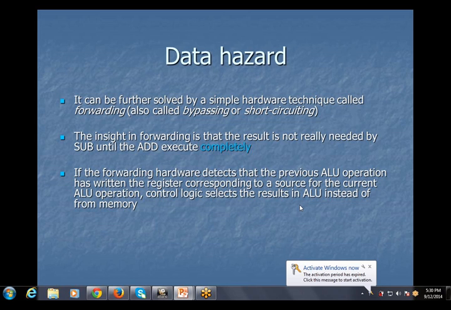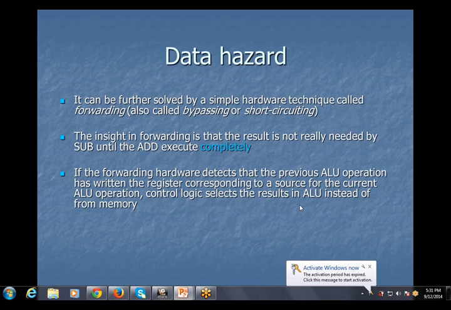If the forwarding hardware detects that the previous ALU operation has written to the register corresponding to a source for the current ALU operation, control logic selects the result in the ALU instead of the one from the memory. That is, the results are stored in the ALU instead of the memory, because the ALU performs the arithmetic and logical operations.